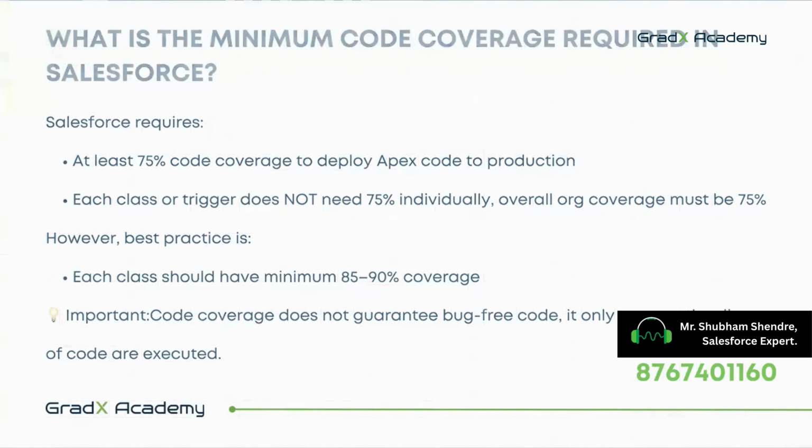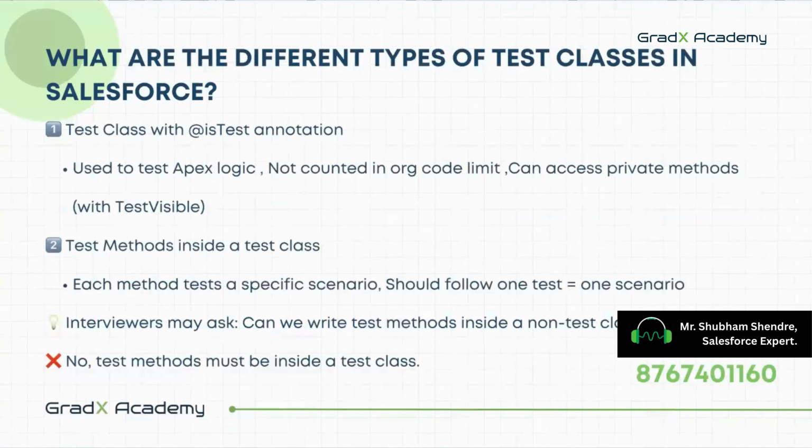The next question in the Apex testing interview is, what are the different types of test classes in Salesforce? So basically, there are two types. First is the test class with the isTest annotation, and second is the test method inside the test class. The test class with the isTest annotation is used to test Apex logic, is not counted in the org code limit, and can access private methods with test visibility.